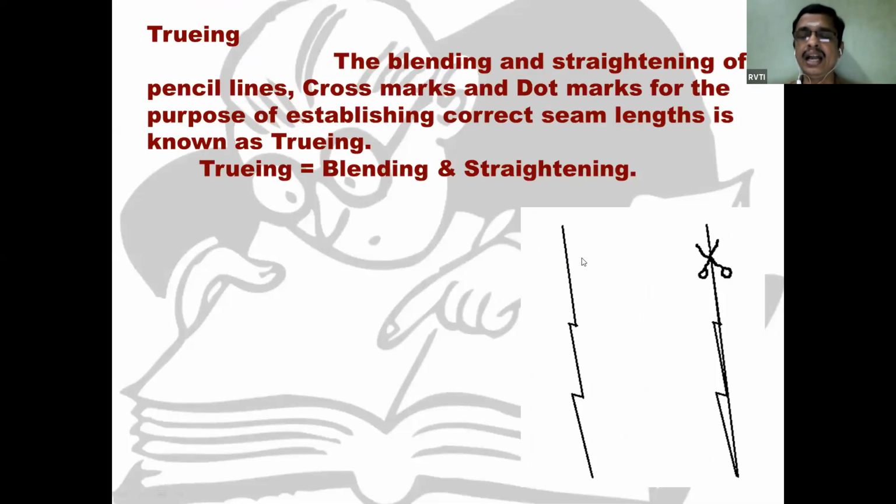And here, for a straight line, I modify the zigzag to be straight like this. It may be a straight line, sometimes a very light curve also. If it is a very light curve, I can apply blending and straightening. So this is called the truing technique. Normally this term is usually used in pattern making.